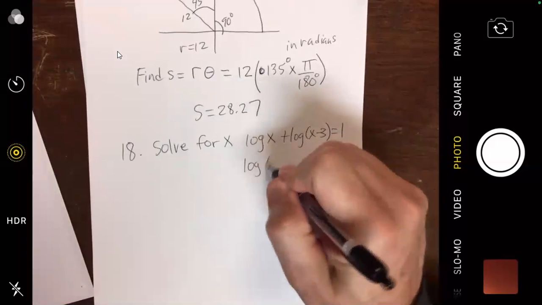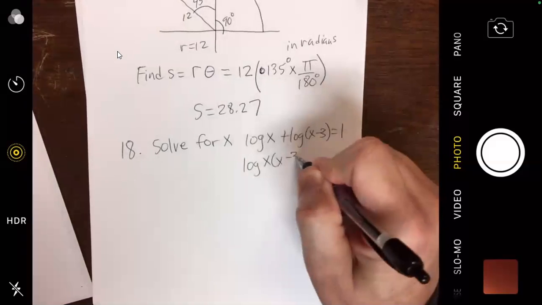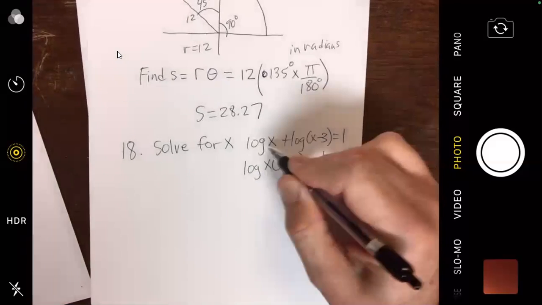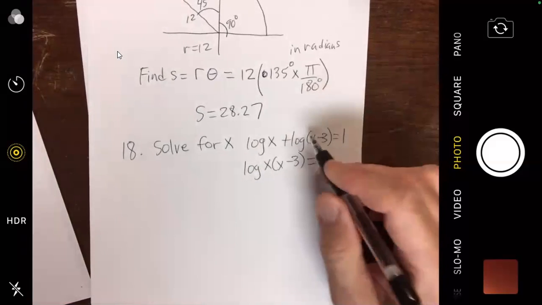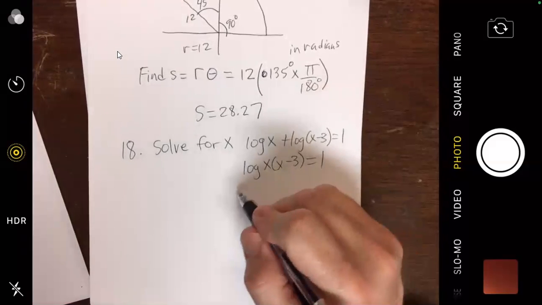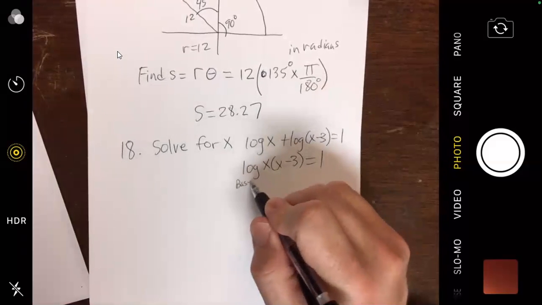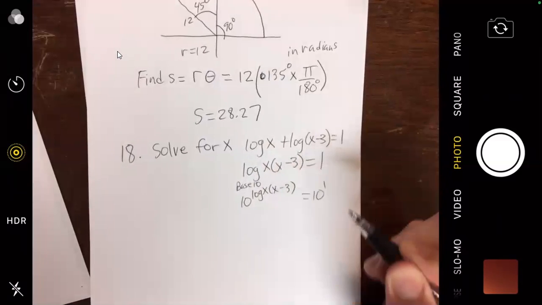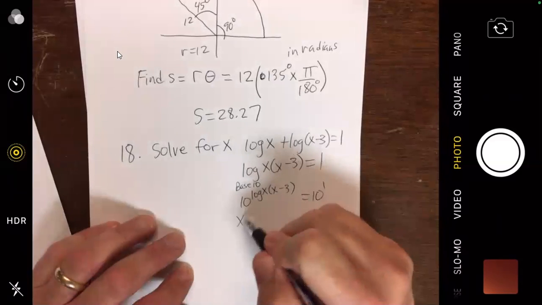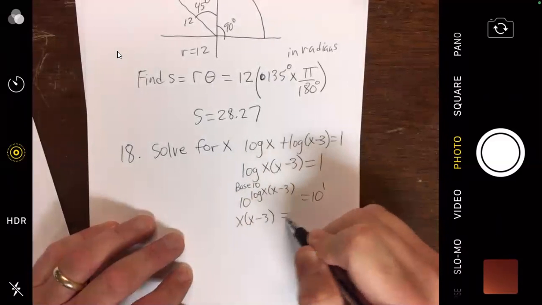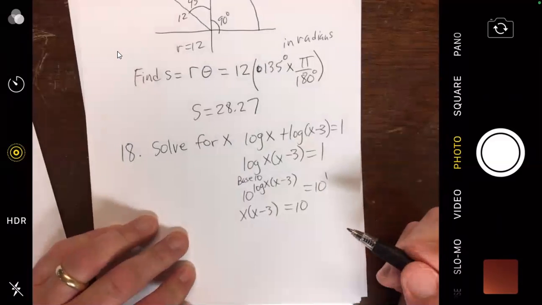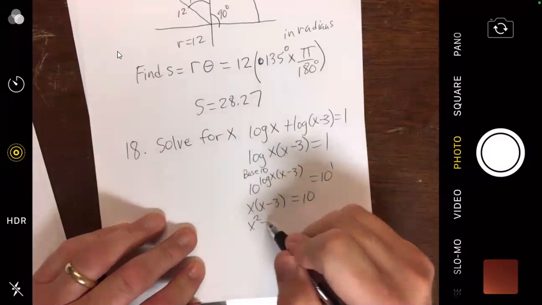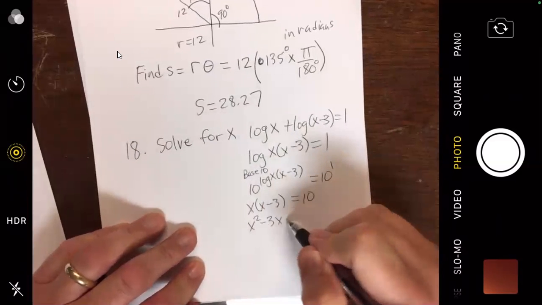So log of x times x minus 3 equals 1, because you combine, multiplying the two arguments. Base 10 to the log of x times x minus 3 equals 10 to the 1. So x squared minus 3x equals 10, and x squared minus 3x minus 10 equals 0.